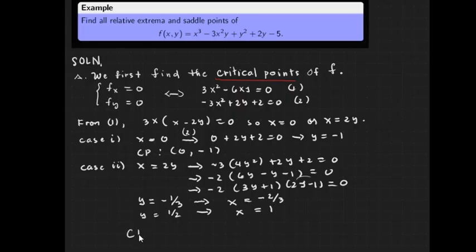And so the critical points arising from the second case are (negative 2/3, negative 1/3) and (1, 1/2).